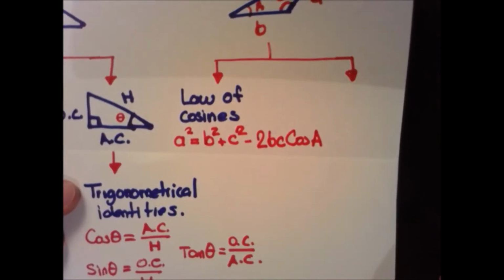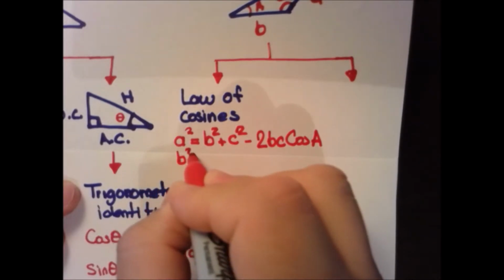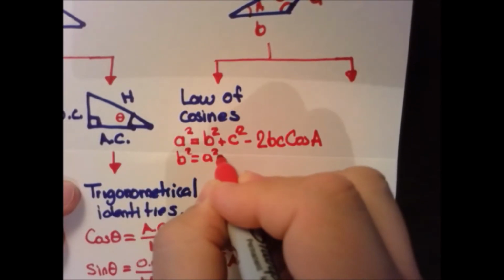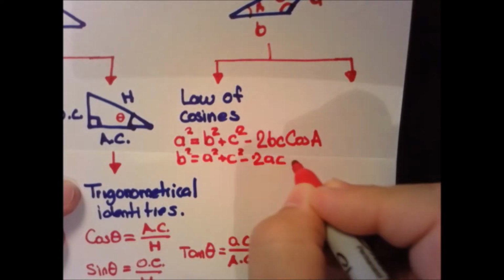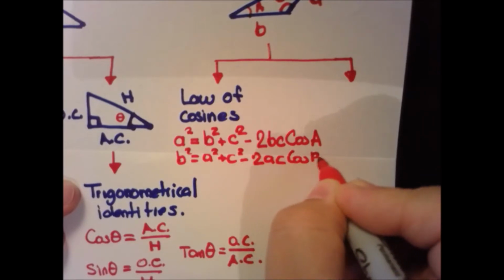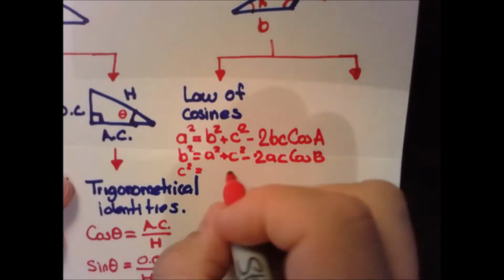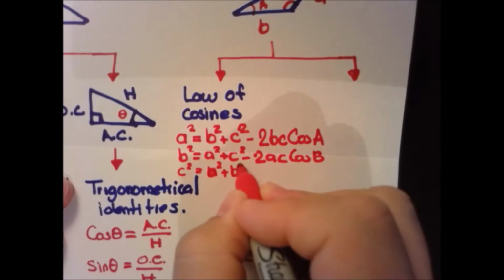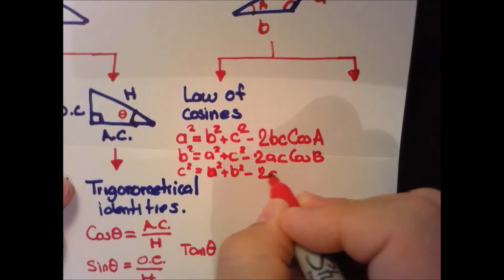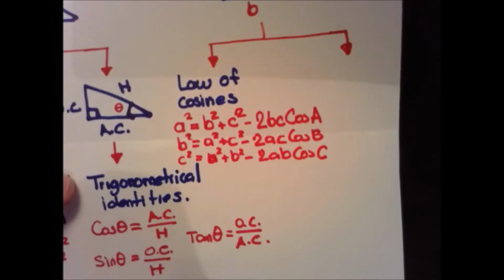Okay? It's going to be the same if you want to calculate b. For example, over here you can write b squared is equal to a squared plus c squared minus twice a c times cosine of B. Or if you want to calculate c squared, in that case it's going to be a squared plus b squared minus twice a b times the cosine of C. Okay, we have those options, right?